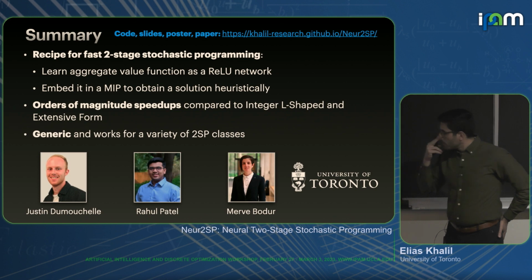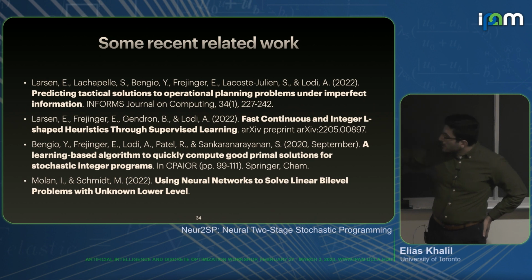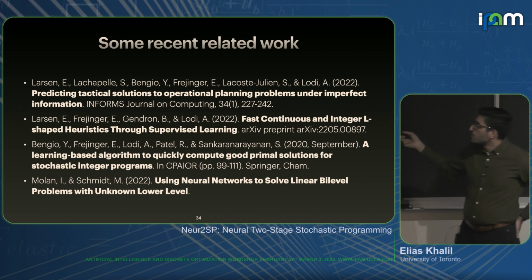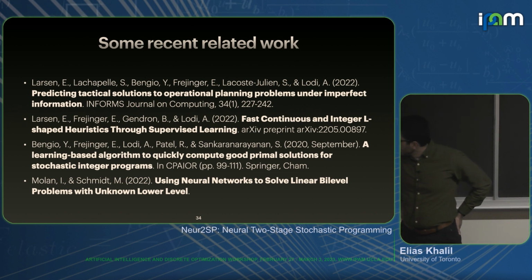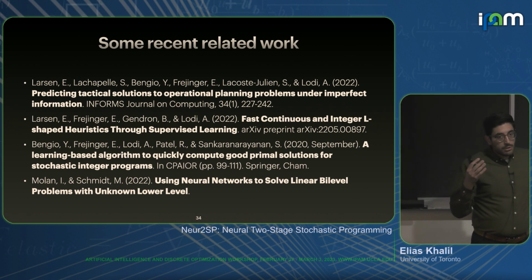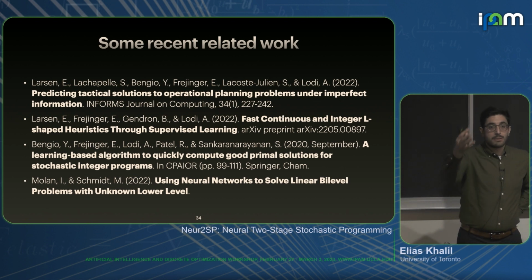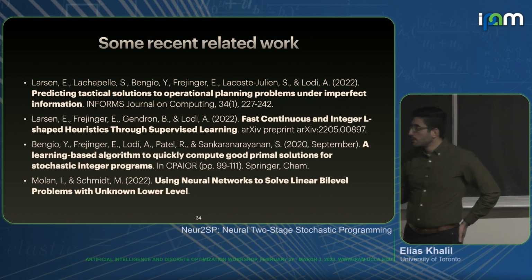And there are lots of interesting directions to go from here that I didn't have time to cover. I do have some papers here in the space of specifically using learning to approximate certain parts of stochastic programs, but also recently similar approaches have been proposed for bi-level optimization, where you have a neural net that represents, say, the best response of an opponent in a bi-level game of sorts.